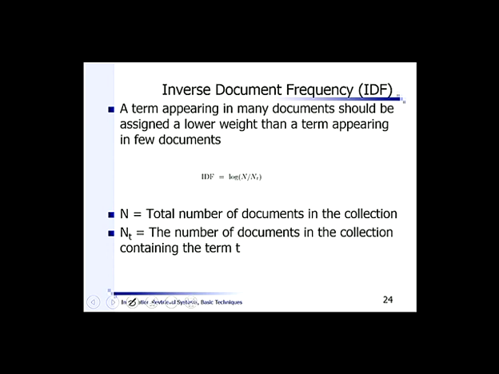Well, the idea of IDF is that there are some terms which are very common, which appear in almost every document, and they should not be considered that important. For example, we have seen that in the Shakespeare 37 plays, it appears more than 28,000 times.